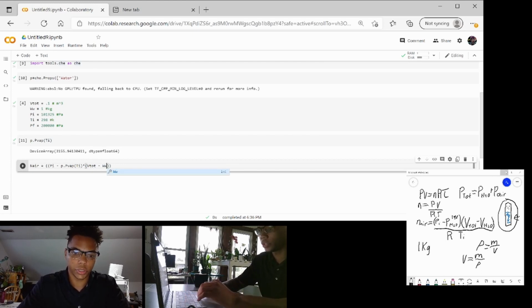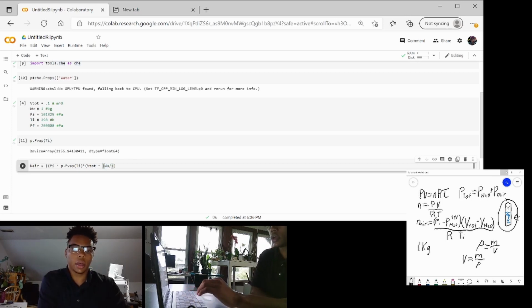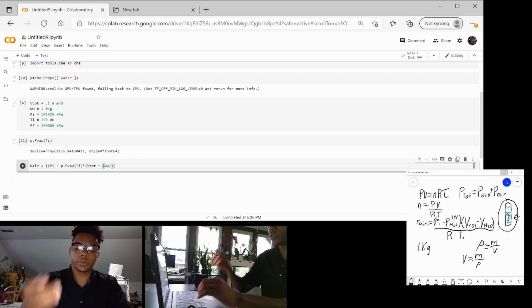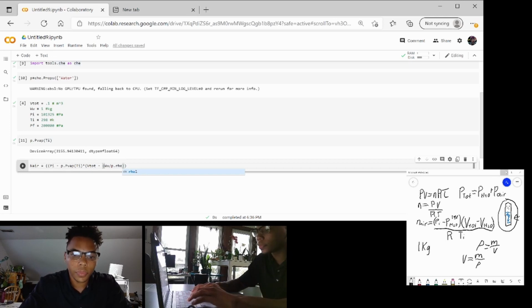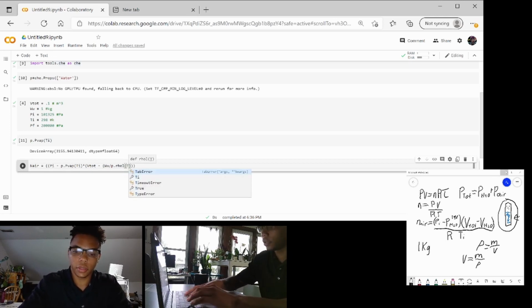So we have our water weight, which is 1 kilogram. Water weight divided by the density of water. That's going to be P.RHOL at a temperature of initial temperature.